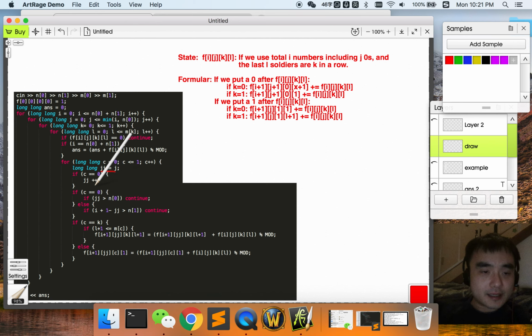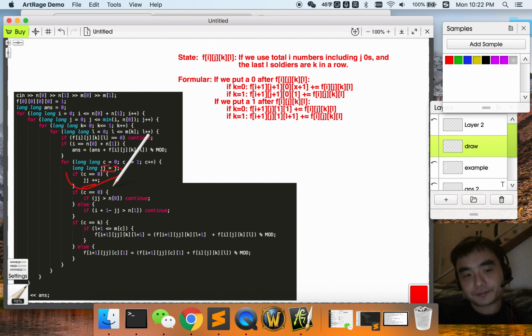This guy explores these two possibilities. And this guy here, JJ here, is to find out the number of zeros in the current state, right? So if the number we are going to use at the position I plus 1 is 0, then we add the JJ by 1, right? And if C equals 0, it means we're going to put a 0 here.